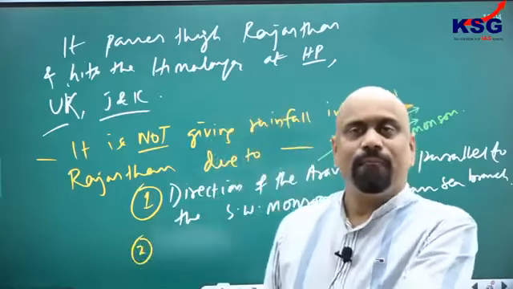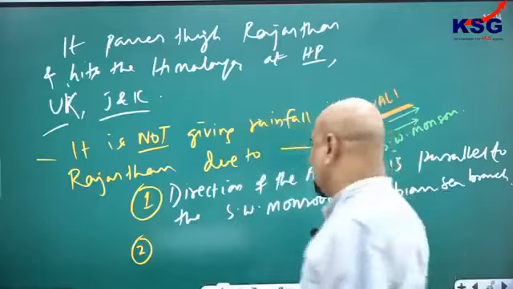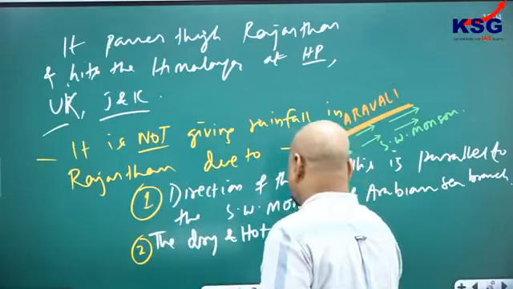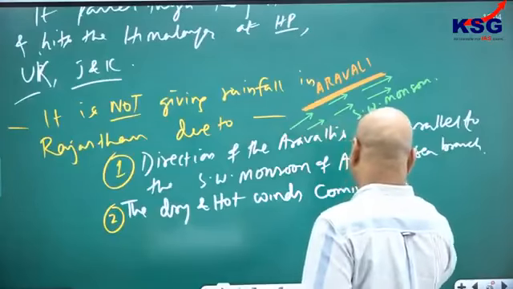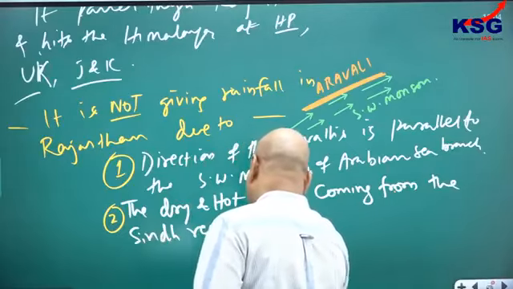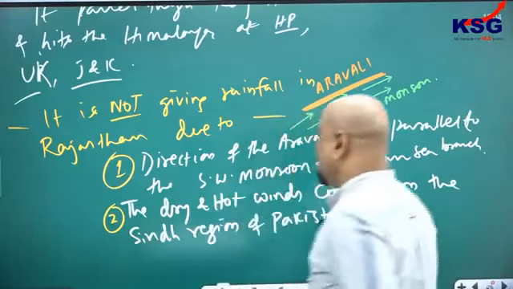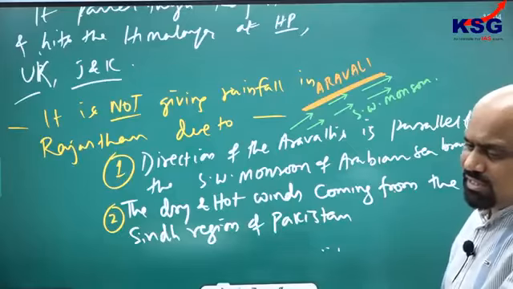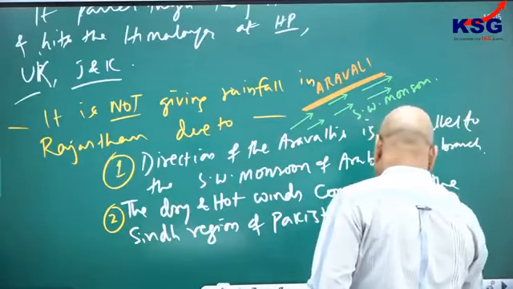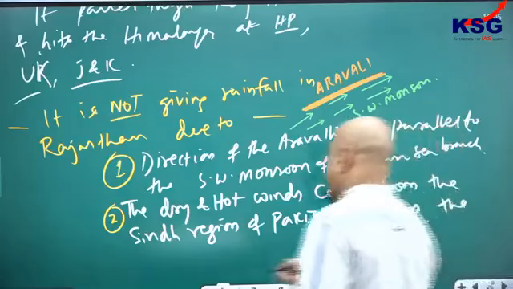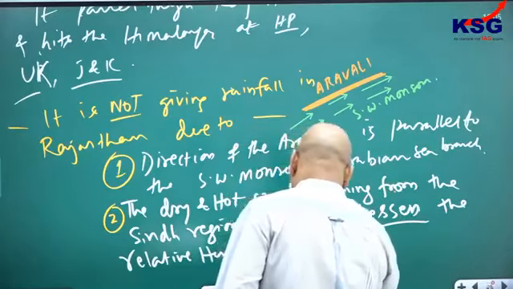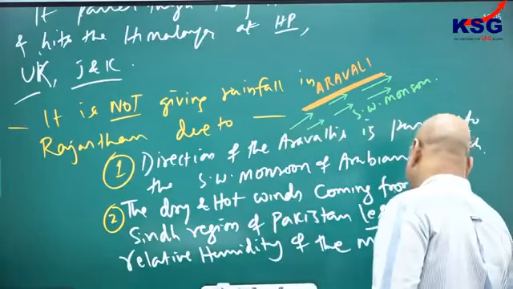Second important point: the dry and hot winds coming from the Sindh region of Pakistan lessen the relative humidity of this monsoon wind.